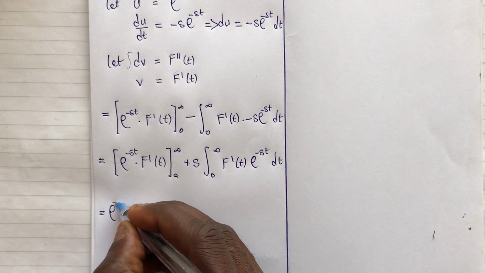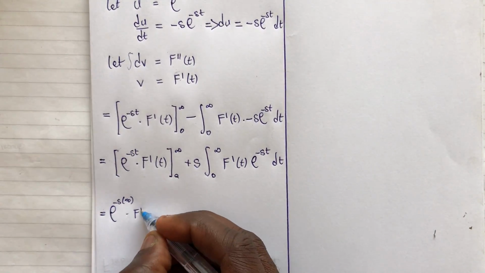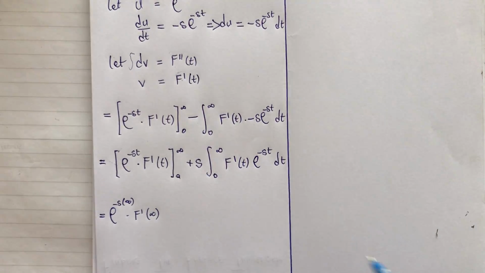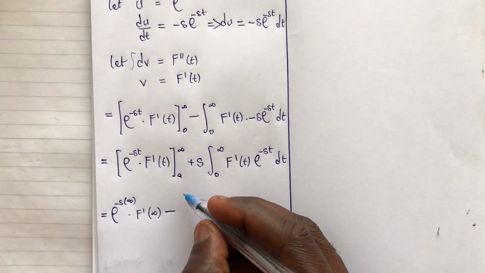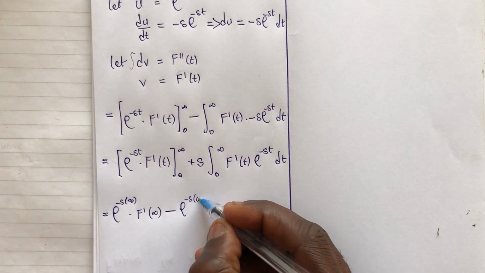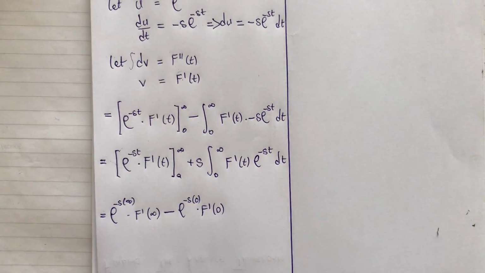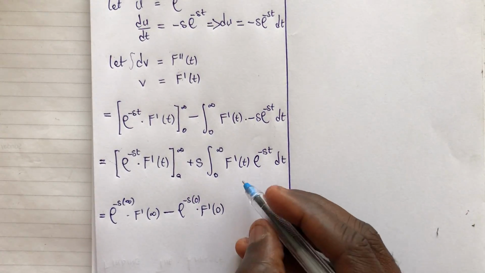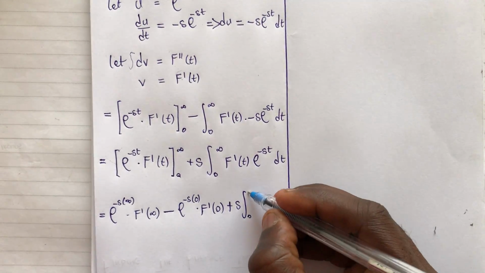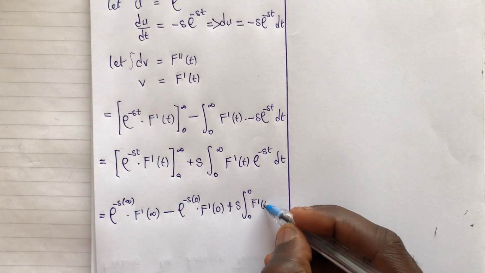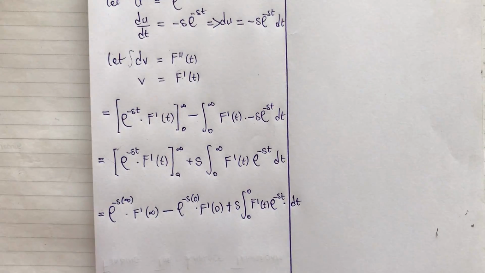So we have e^(-s) and we put in our infinity, then times our f1, we put in our infinity, then we subtract this result from the lower limit by putting it into the same function, e^(-s) to 0 times f bar to 0, and that is it. Then we add this side of the equation, plus s integral from 0 to infinity, f bar of t e^(-st) times dt.